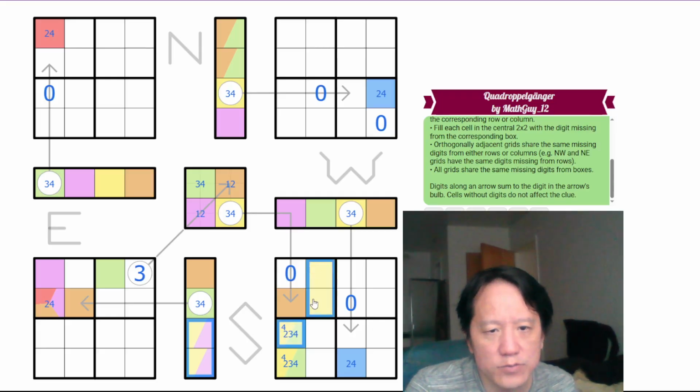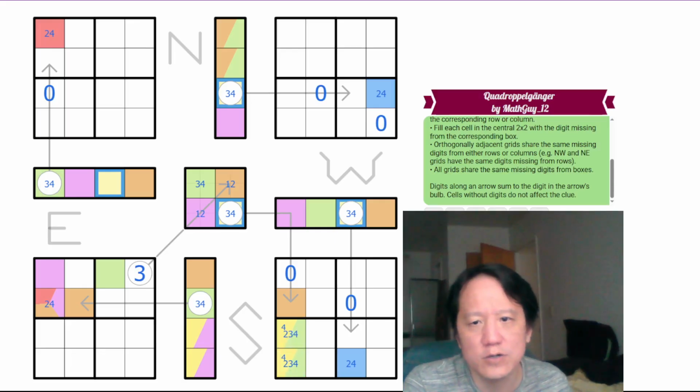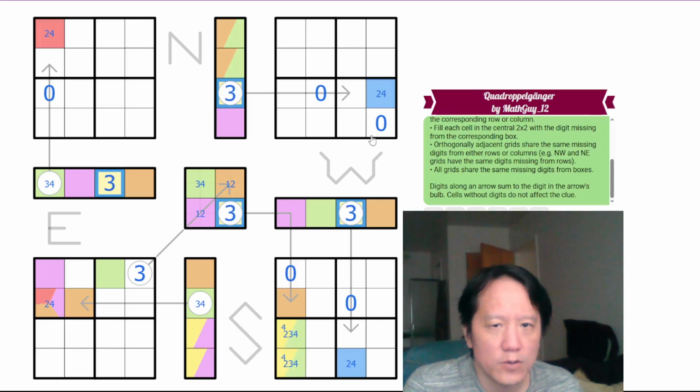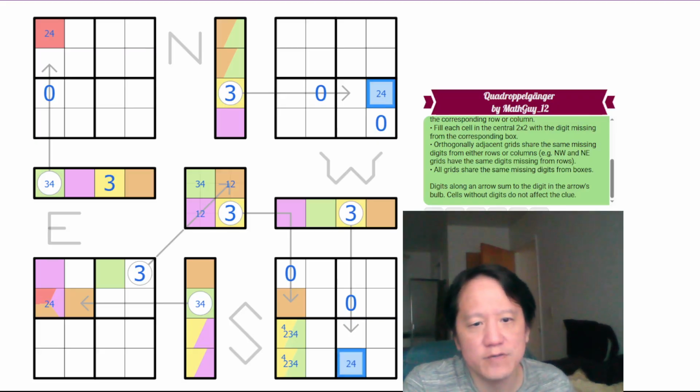And we'll remove this. This is a yellow-green pair. This is a yellow-pink pair. So we'll remove these. We know this is 3, which means the blue has to be 4.